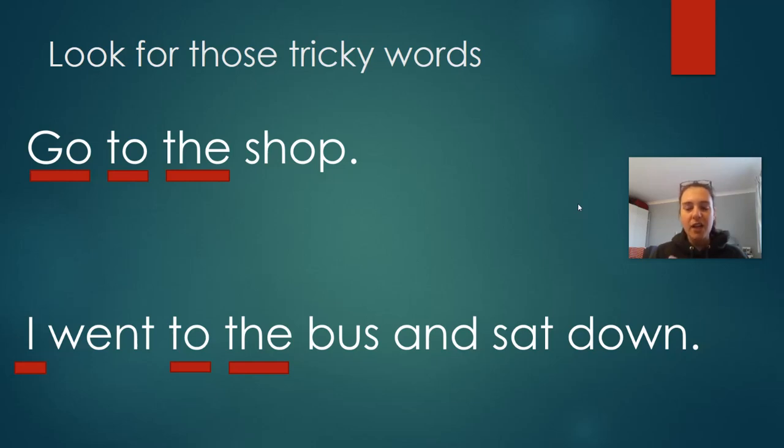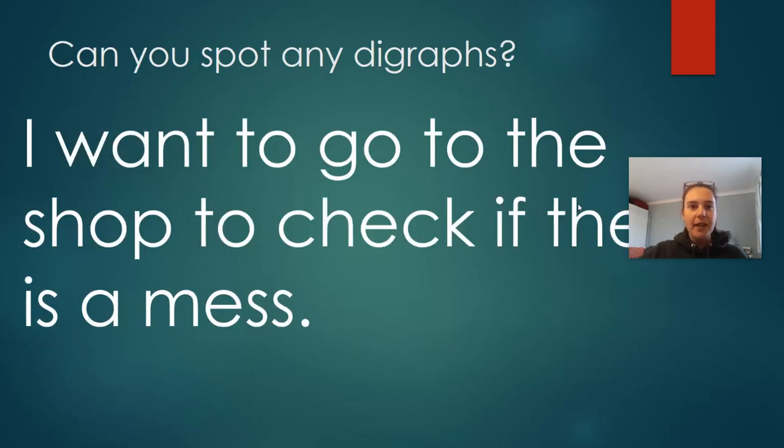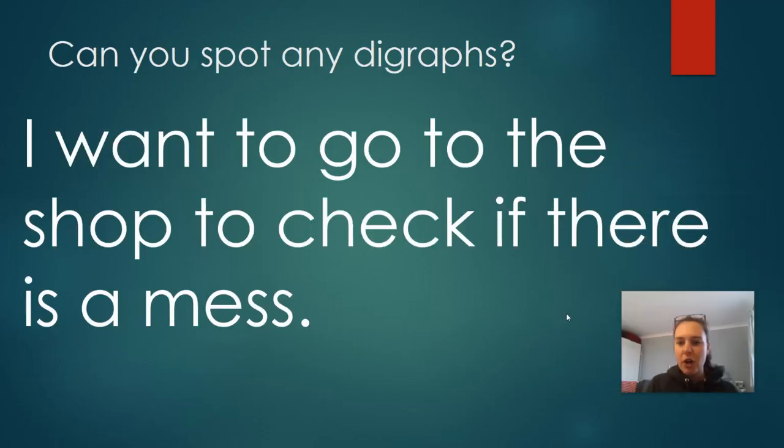So that is the first thing you need to do before you read your sentence, spot those tricky words, okay? Now, your next thing that you need to do is spot the digraphs. Now, can you remember what a digraph is? A digraph is 2 letters that go together to make just one sound, okay? Can you spot them in this sentence?